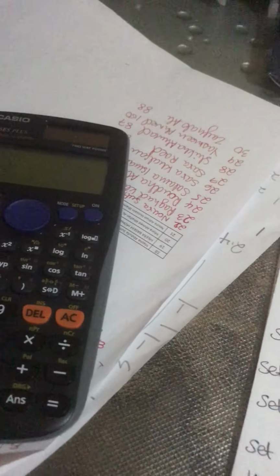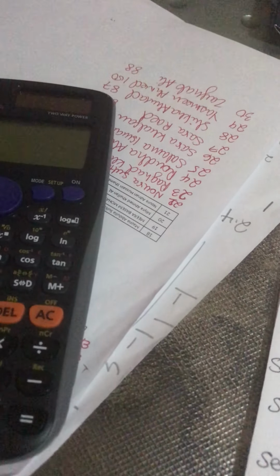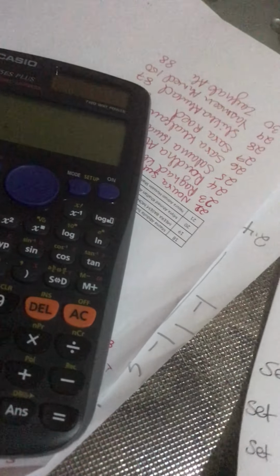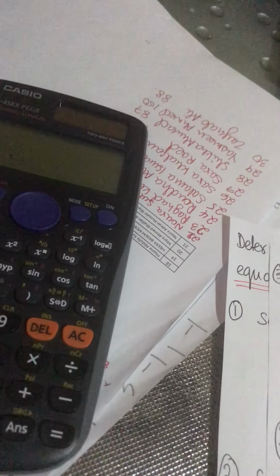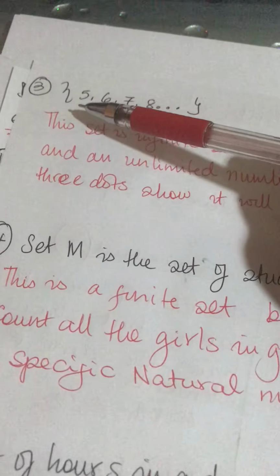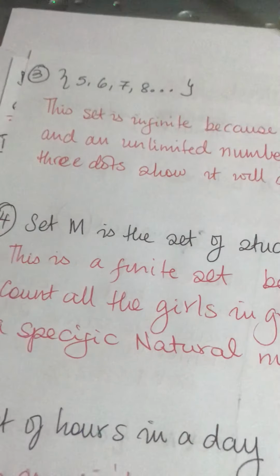Is there another example? I must have had another example. Let's see. Maybe there is. Yes, here. So I already know it is infinite because I saw the ellipses right there.